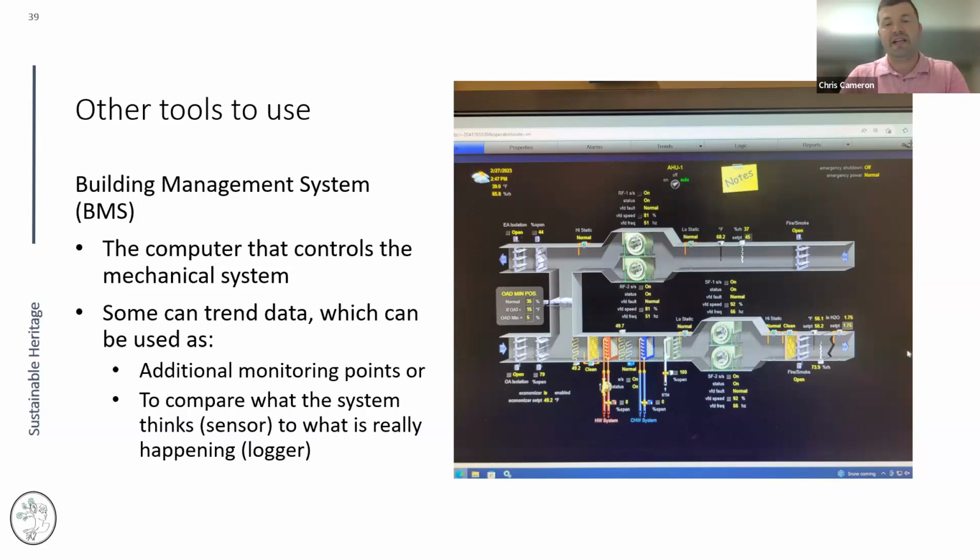If you can trend that data, you can bring out temperature and relative humidity data from across a mechanical system and import it into software, just like a logger point. So if you want to see the supply data from this system, the return data, or what the cooling data looks like, some BMS systems allow you to trend that data. You can export it as a CSV and bring that into eClimate or Conserve and look at it just like a data point. In some scenarios, you could use a thermostat in a room as a monitoring point for a collection space.